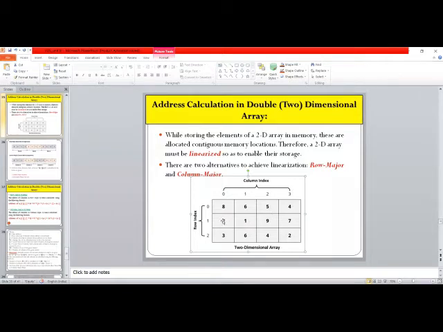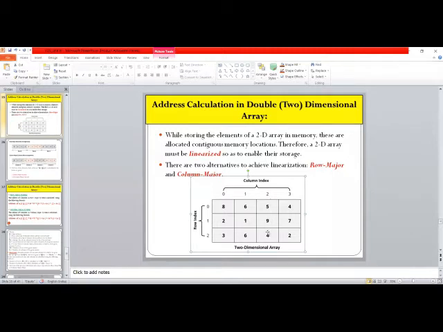A of 0, 3 will be this 4. Now what will be for this 2? It is stored at the first row and 0th column. So its index will be A of 1, 0. Index of 1 is A of 1, 1.